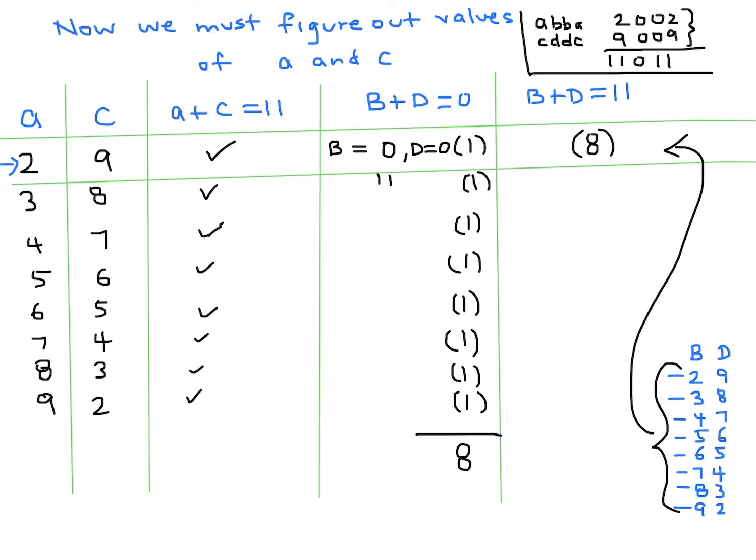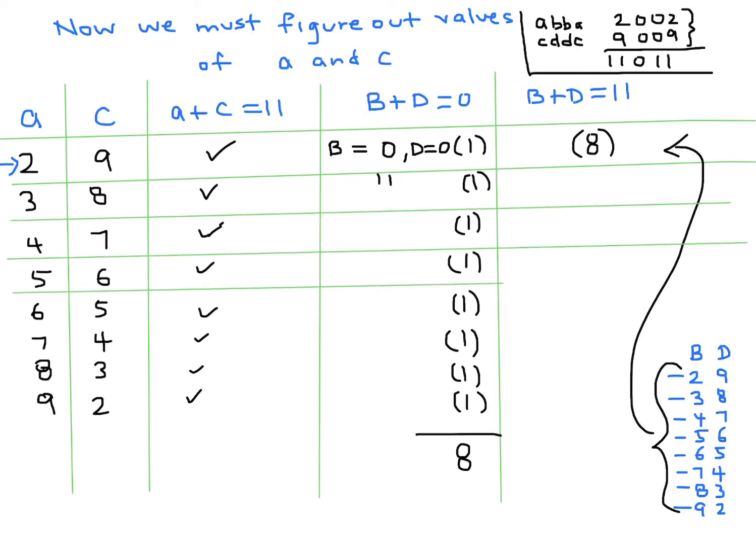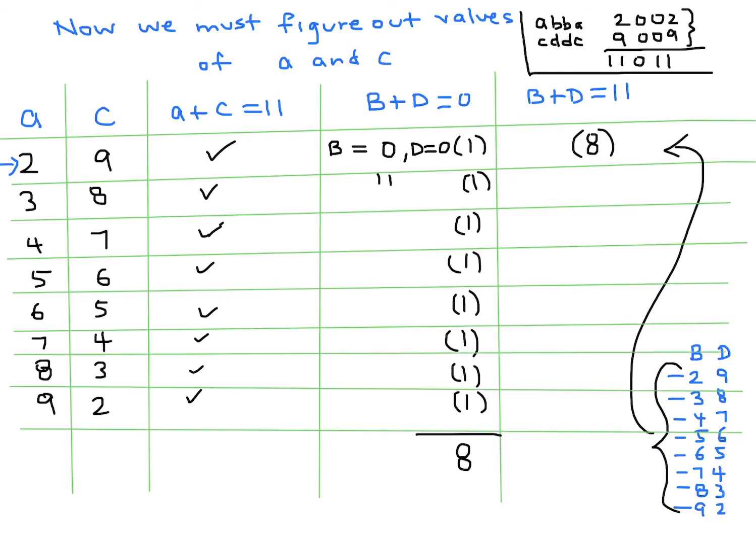I hope that makes sense. And very similarly, for each pair of A and C, like that, you're going to have 8 possibilities. So this will give you 8 pairs, this will give you 8 pairs, this will give you 8, and so on, like that.